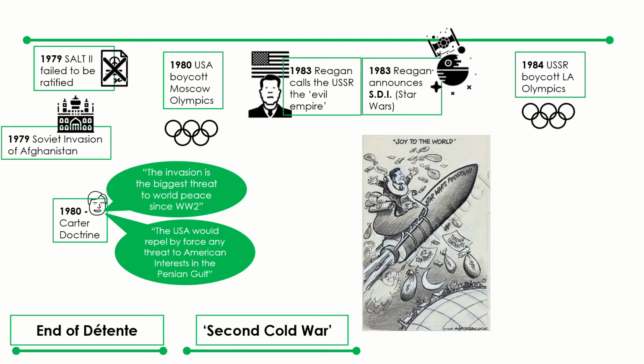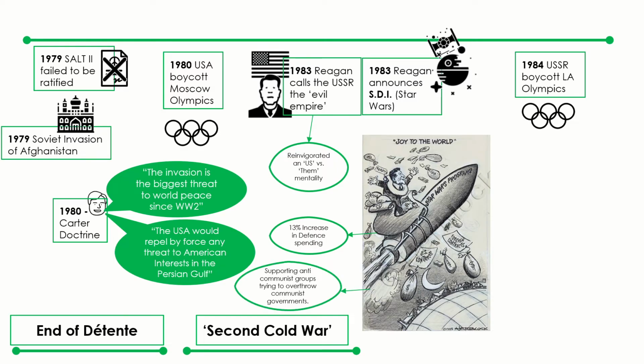He set out by calling the USSR an evil empire, increasing military spending by 13%, and giving full support to anti-communist groups who were seeking to topple communist governments in other countries. Perhaps Reagan's showpiece policy was the announcement of the SDI program, nicknamed Star Wars. This was a fanciful idea that the USA were developing a technology that would allow them to shoot down any incoming Soviet missiles.